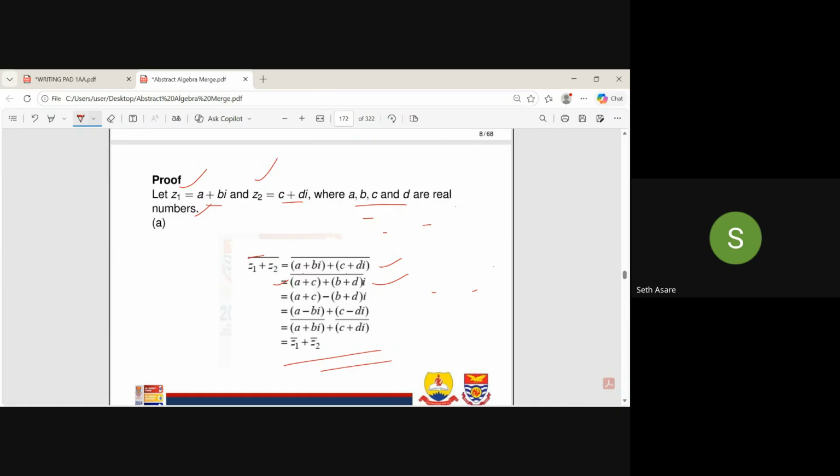Remember, they say we should find the conjugate of the sum. So the one down here is the sum. So what is its conjugate? For the conjugate, the sign in the middle changes. So the conjugate of this one now produces this. That will give me A plus C minus B plus D, I. Now here, we have to rearrange them.